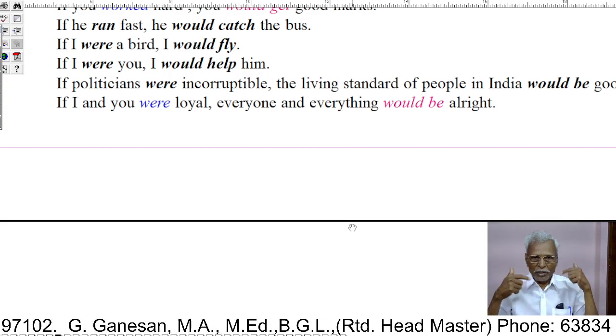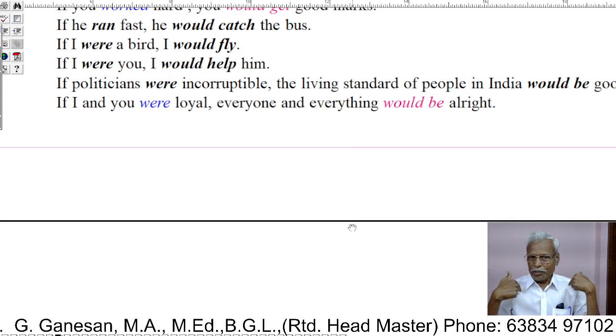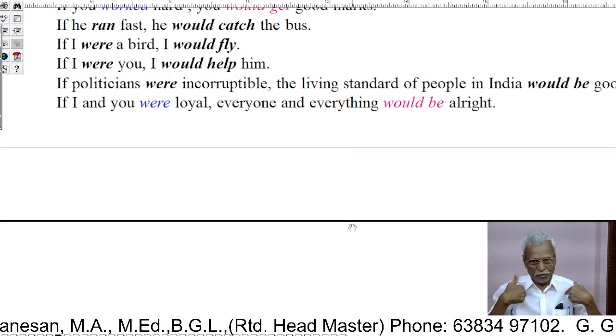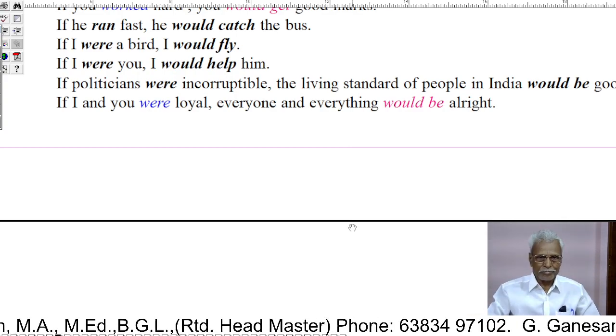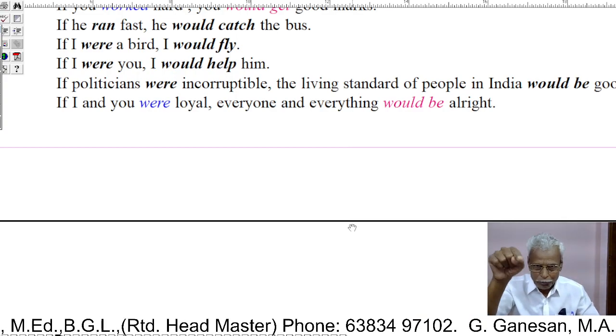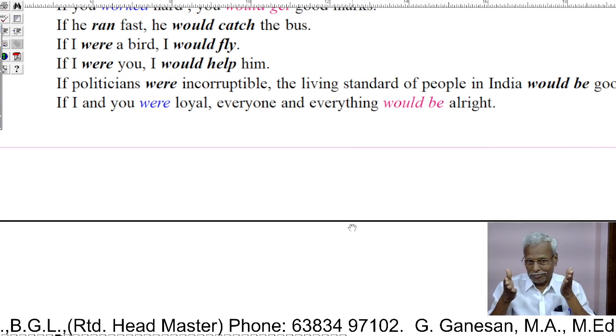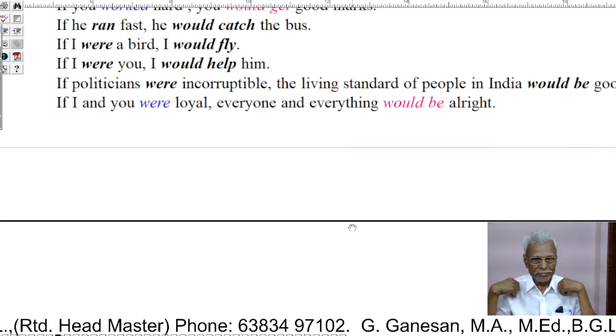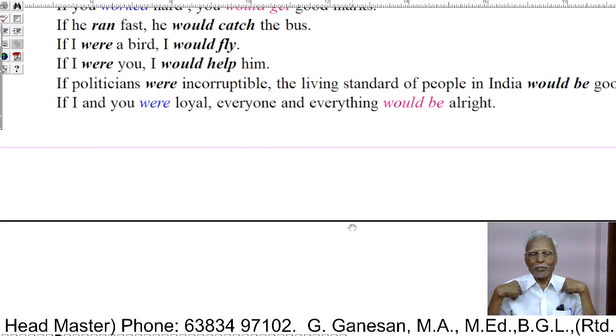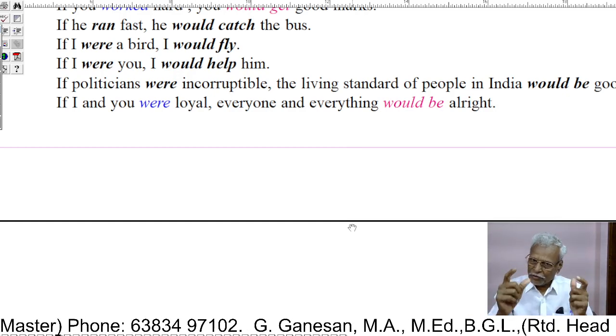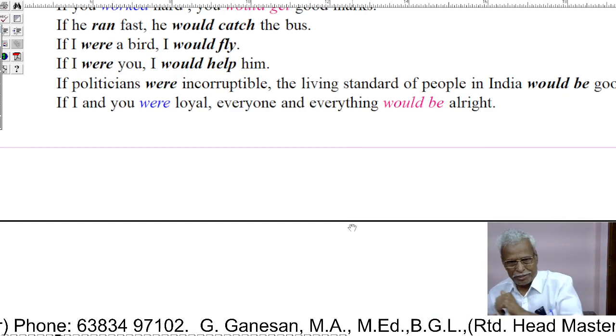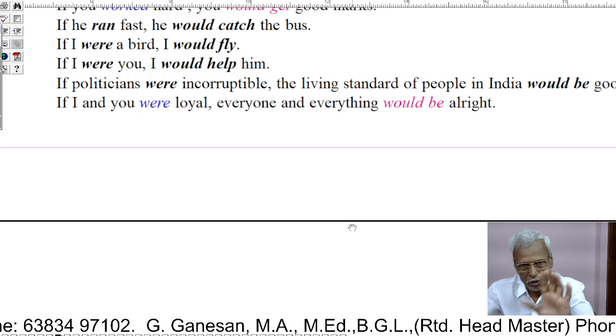Then, finally, I would like to say, if I and you were loyal, if I myself and you yourself are loyal, if I am loyal, if you are loyal, and if everyone is loyal, everything would be alright. Everyone and everything would be alright.